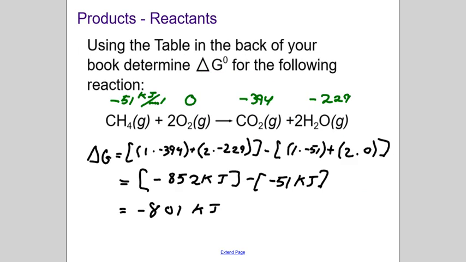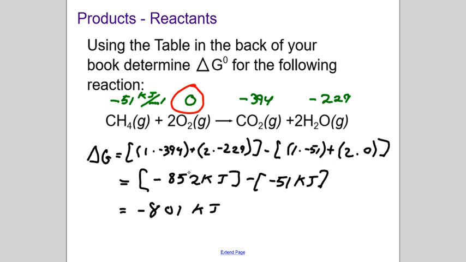Okay, another problem. Again, we still have 1 element in its standard state, so this guy's a 0. Everything else has values of kilojoules per mole. So products, so 1 mole of carbon dioxide times its value plus 2 moles of water vapor times its value minus 1 mole of methane plus, well, here's oxygen times 0, so this is going to not do anything.